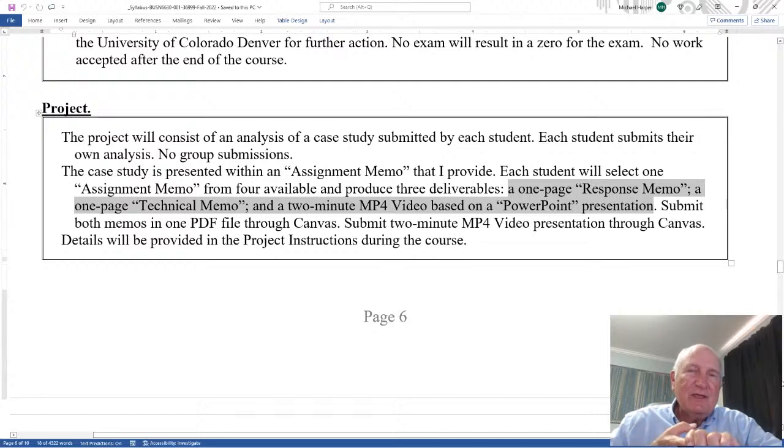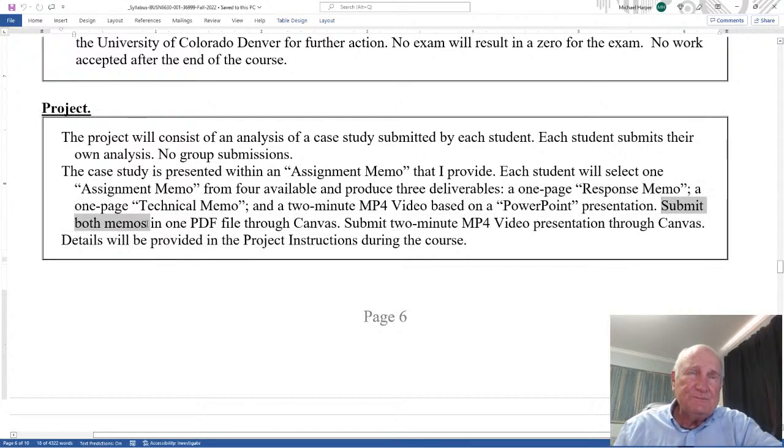I go in depth in the project instructions during the course. The response memo is to the client described in the assignment memo. The technical memo is an internal document. MP4 video is a video where you describe with your personality the 3 types of modes of communication and purposes of communication.